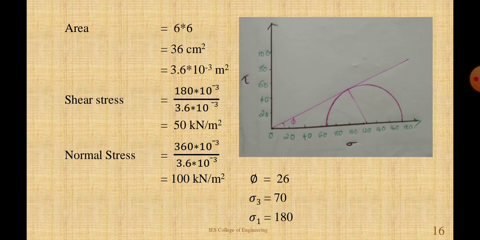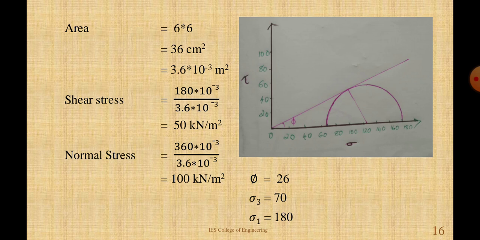Now, we can draw the graph by plotting τ on the y-axis and σ on the x-axis for getting φ, σ3 and σ1. Mark shear stress 50 kilonewton per meter square and normal stress 100 kilonewton per meter square in the graph. From that coordinate, draw a line towards the origin to get the angle.